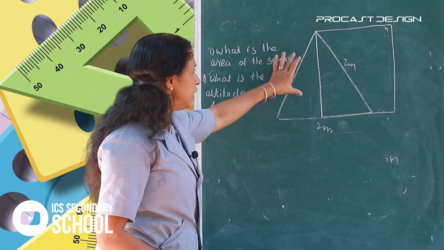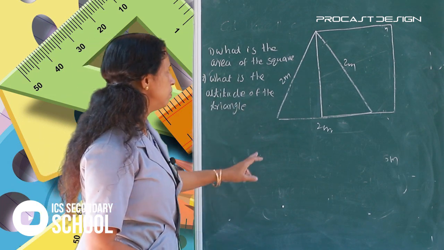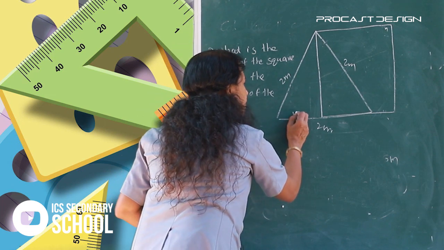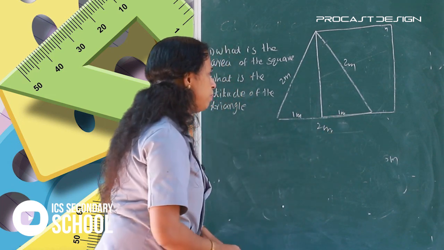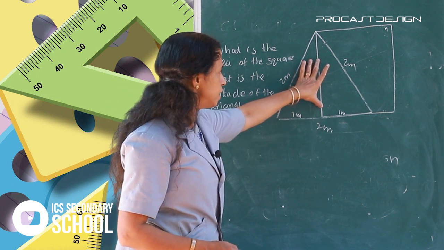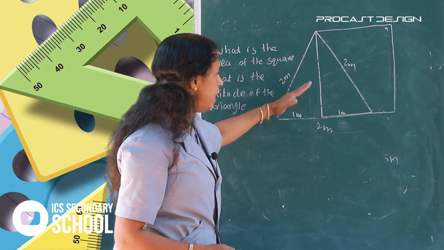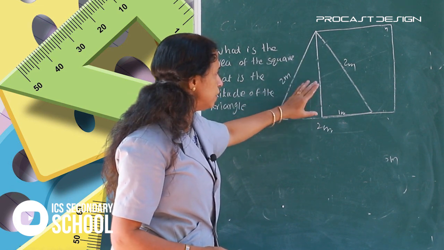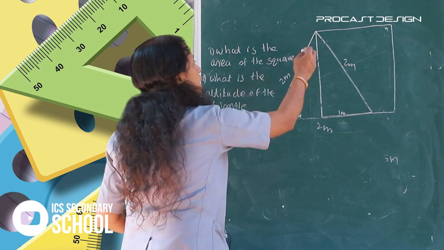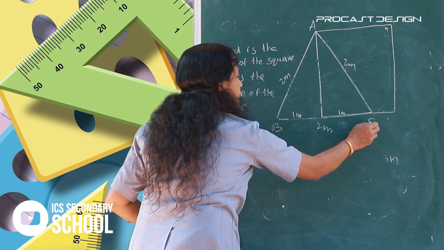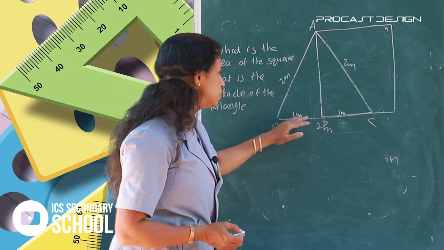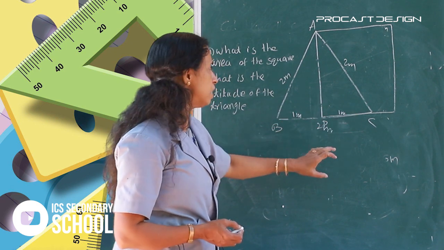First, find this side. This is an equilateral triangle, and this side is 2 meter. Taking A, B, C, D, D is the midpoint of BC, so this is 1 meter and this is 1 meter.